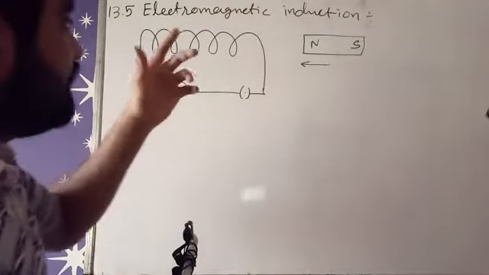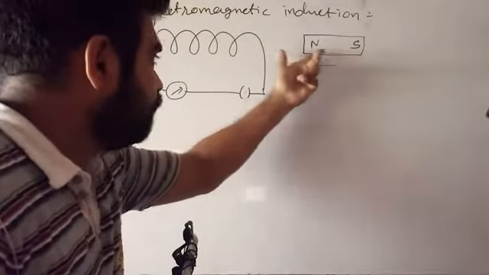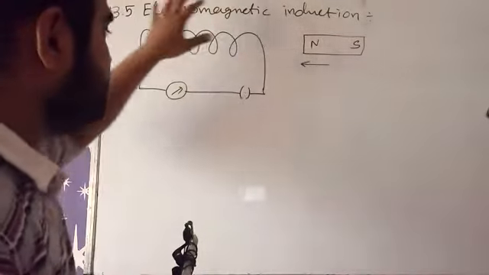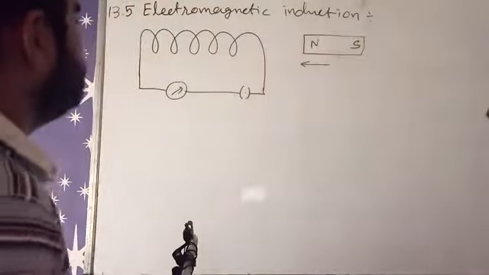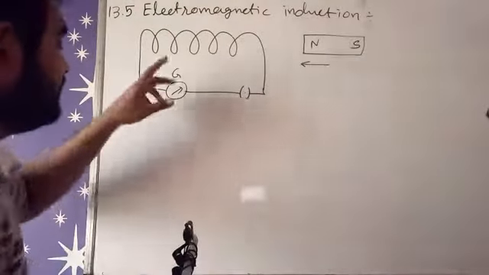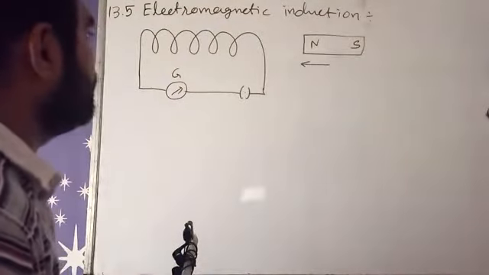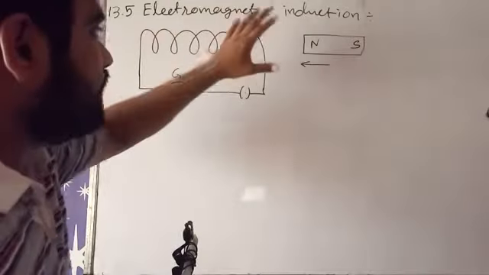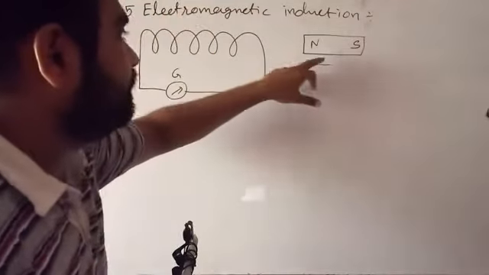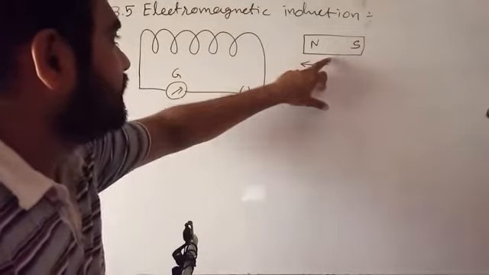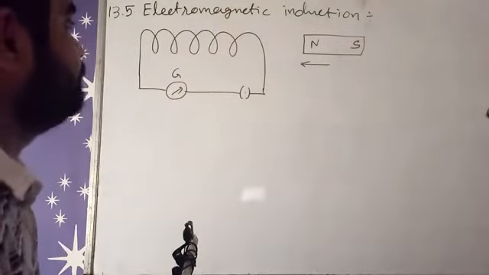As fast as I move this bar magnet towards this coil, there will be a deflection in this galvanometer. But if I put the bar magnet at rest, there will be no deflection here.